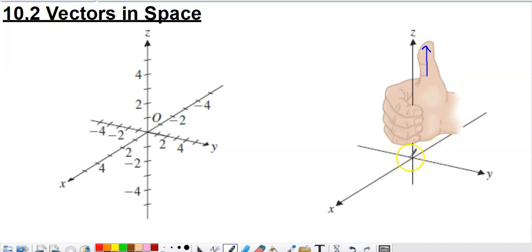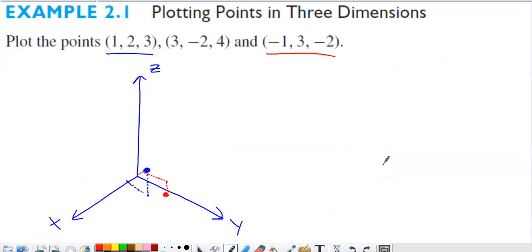Once again, fingers on the right hand along the positive x-axis, curl the fingers toward the positive y-axis, and then the thumb on your right hand is going to point in the direction of the positive z-axis.